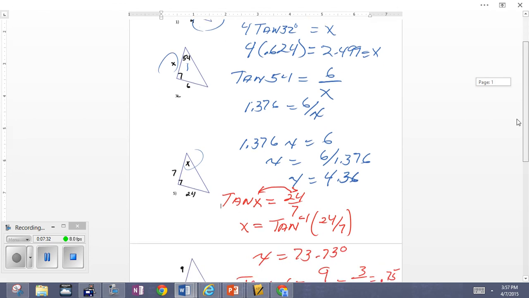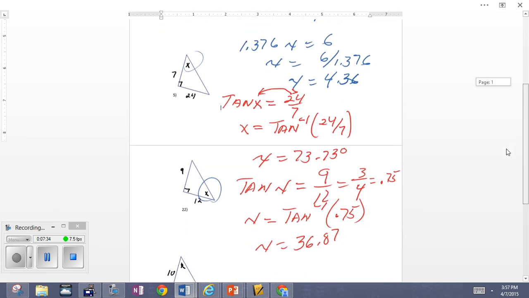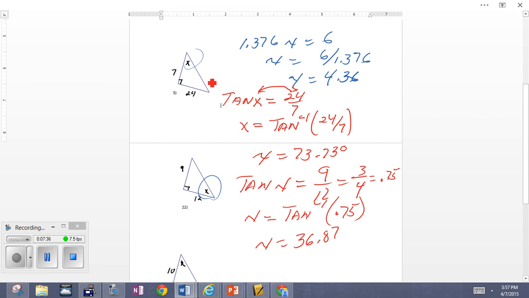When we're looking for the angle, on the other hand, we use the inverse tangent, but still we set it up as the tangent of x equal to the opposite over the adjacent, 24/7. Then, since I want the angle, we take the inverse tangent of that ratio, which will give me the angle.